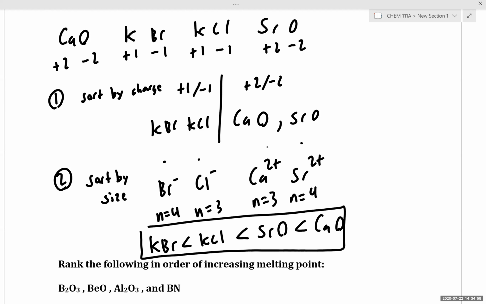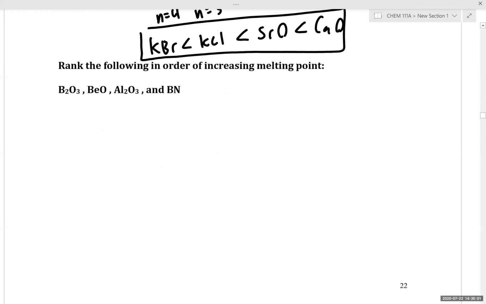Perfect. So let's now work independently or in small groups on the following example, and let's rank the following species in order of increasing melting point. Remember, charge is the first category for assessing lattice enthalpy.